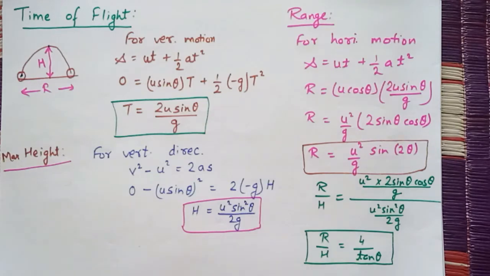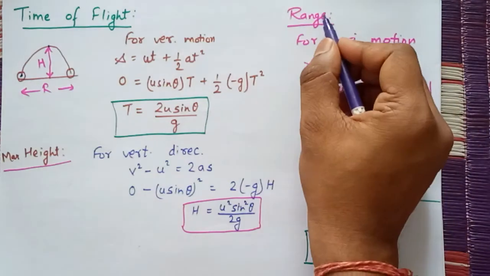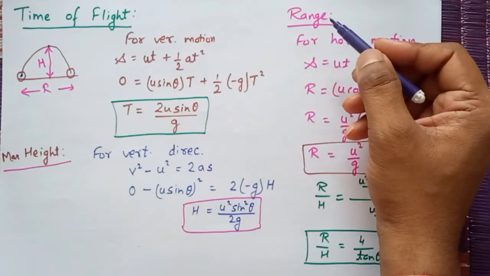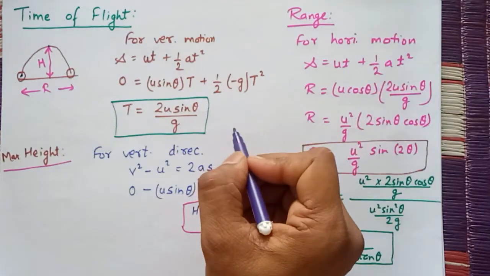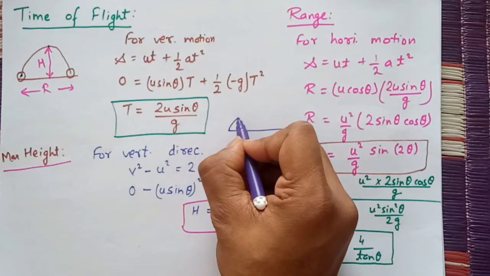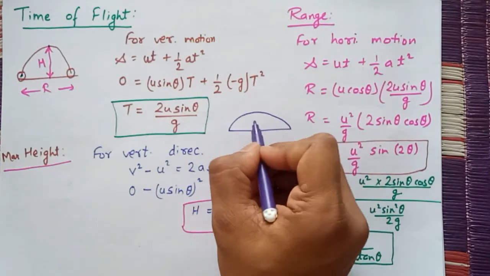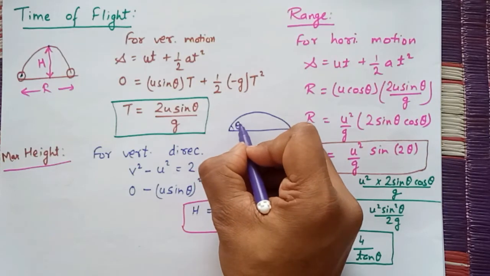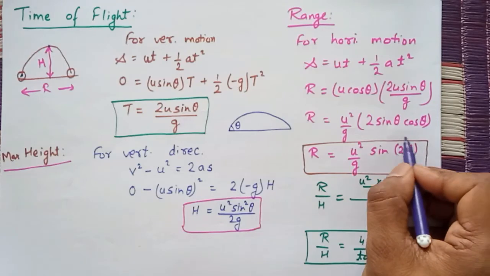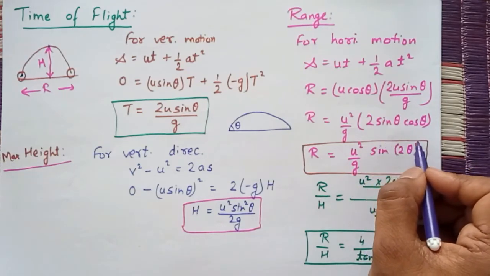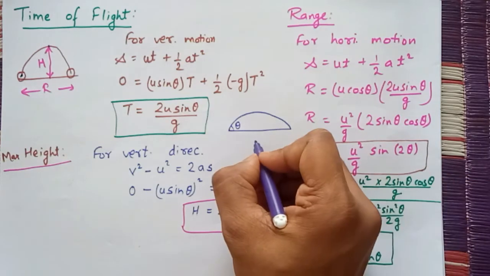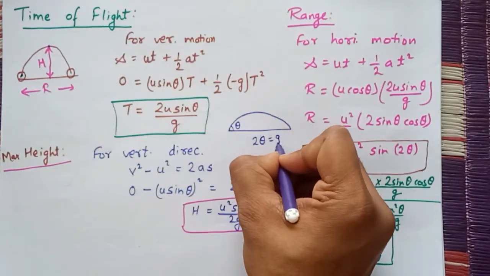See, when will this range be maximum? Meaning, if I want to find for what angle the range is maximum, or I can say if I throw an object from here and it has to cover the maximum distance, then what will be the maximum value of sin 2 theta? It is 1, so sin 90 is equals to 1, or I can say 2 theta is equals to 90 degree.